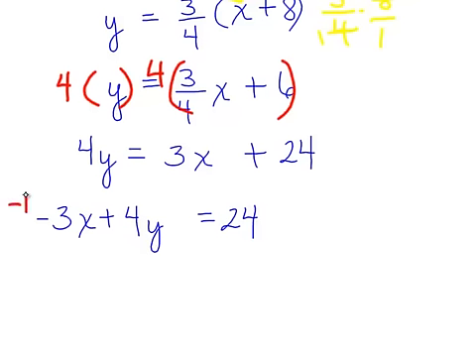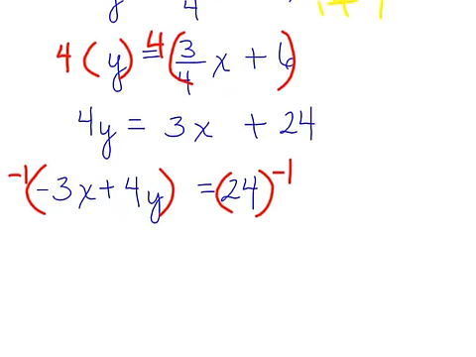What happens when you multiply both sides by negative 1? Negative 1 times a negative 3x. That will be a positive 3x. Negative 1 times 4y will be a negative 4y. Negative 1 times 24 is a negative 24. So now this is standard form.